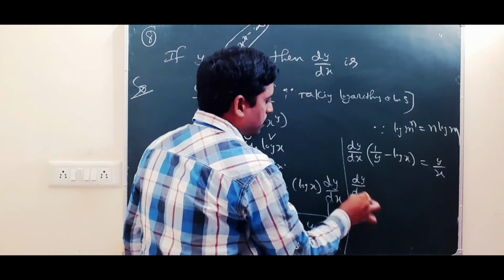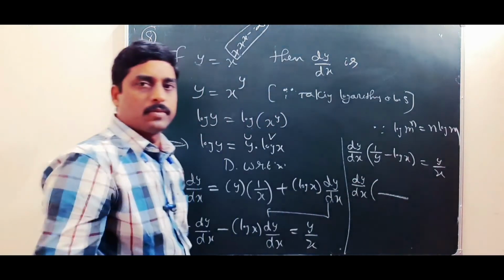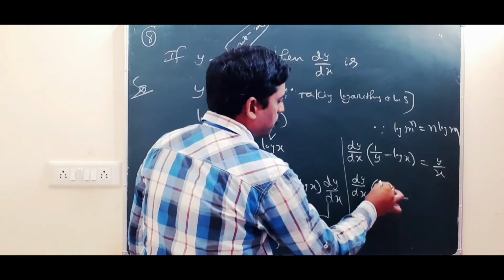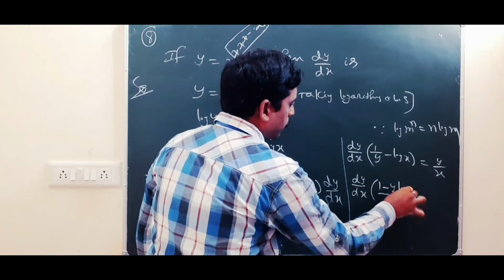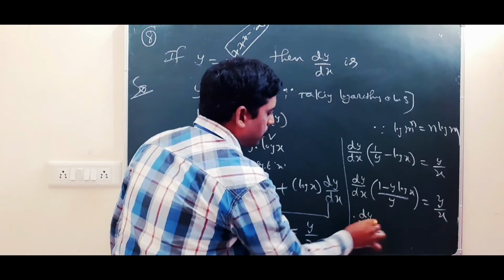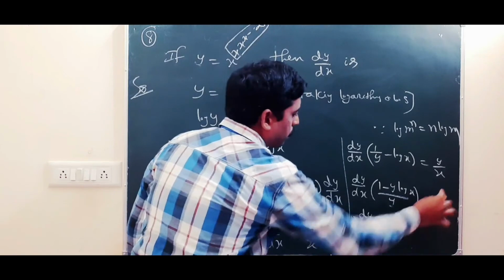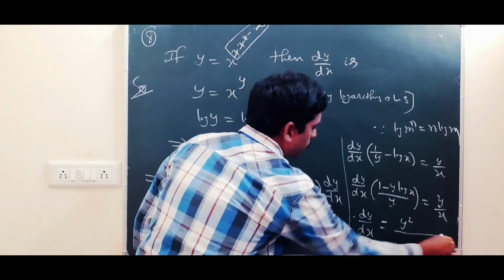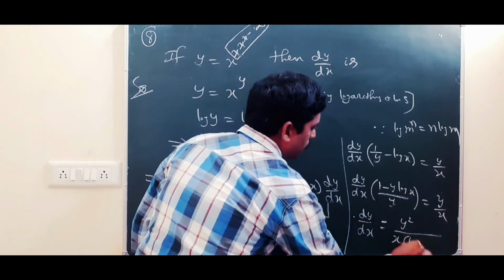Therefore, dy by dx into, let us do LCM. So what is LCM? y. So 1 minus y log x is equal to y by x. Therefore, dy by dx will be y square by x times of 1 minus y log x.